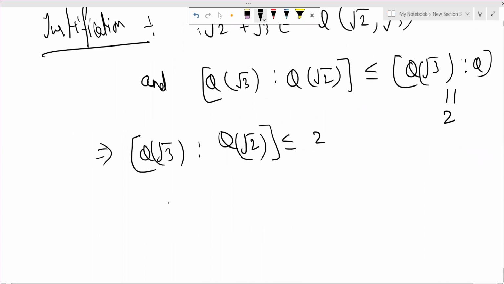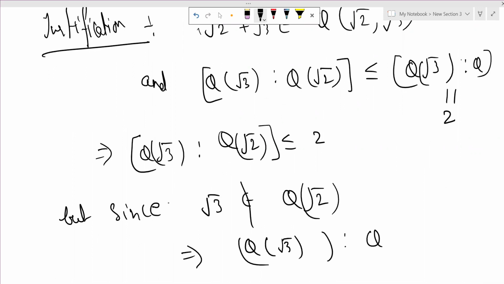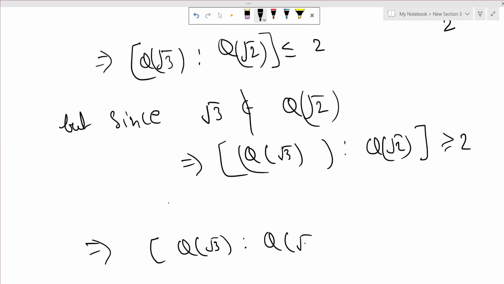But since root 3 does not belong to Q(root 2), this implies the degree of extension Q(root 3) over Q(root 2) should be greater than or equal to 2. This implies Q(root 3) over Q(root 2) is equal to 2. So this is 2.